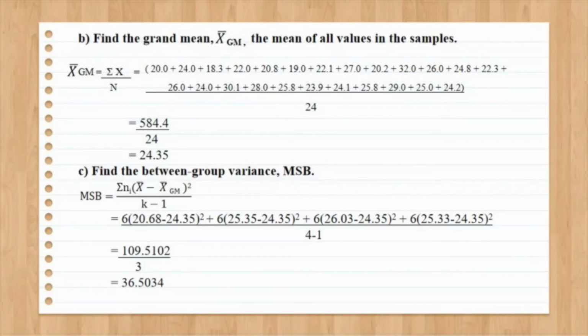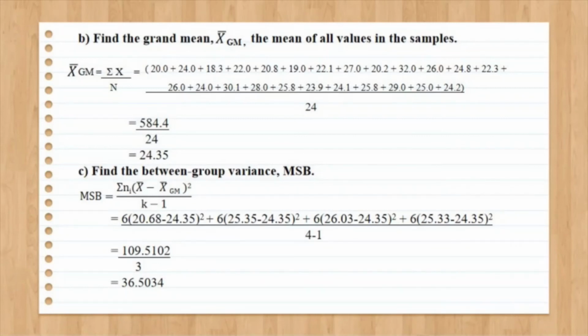C. Find the between group variance MSB. The formula for MSB is sum of n sub i times (sample mean minus grand mean) squared, divided by k minus 1, equals 6 times (20.68 minus 24.35) squared plus 6 times (25.35 minus 24.35) squared plus 6 times (26.03 minus 24.35) squared plus 6 times (25.33 minus 24.35) squared, divided by 4 minus 1.